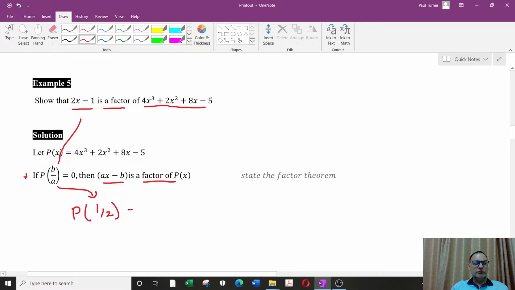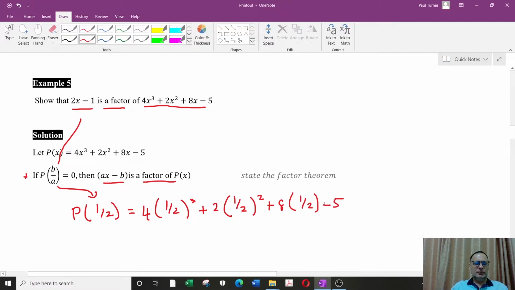So we put a half into our polynomial: 4 times a half cubed plus 2 times a half squared plus 8 times a half minus 5.